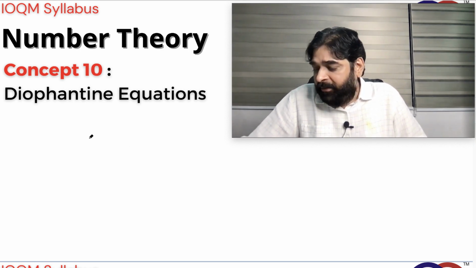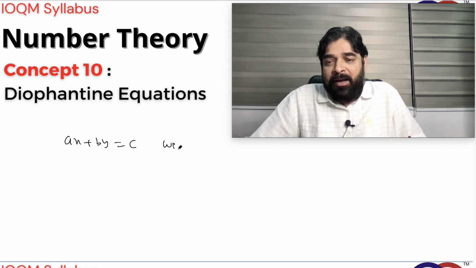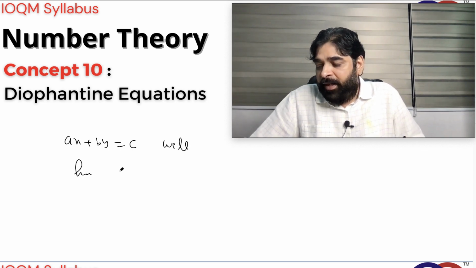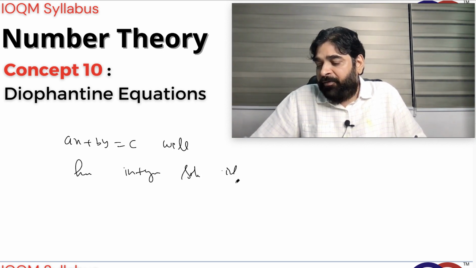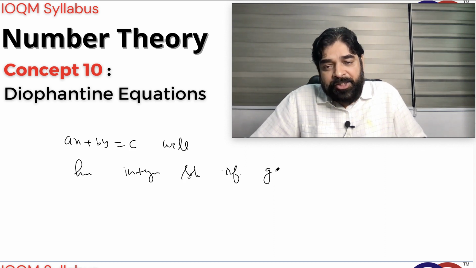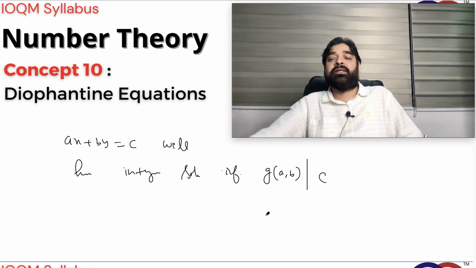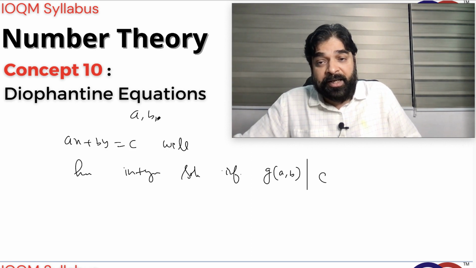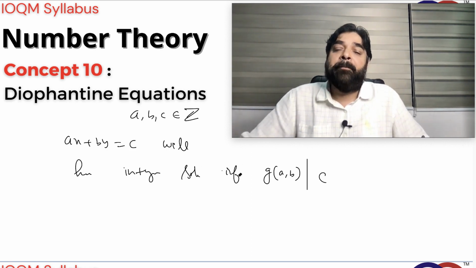What it says is that ax plus by equal to c will have an integral solution if GCD of a and b divides c. This is the meaning, where a, b, c are integers. Be clear, a, b, c are integers. That's the most important condition.